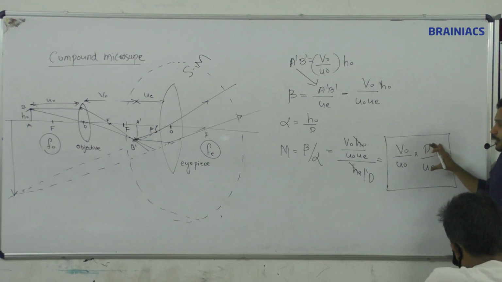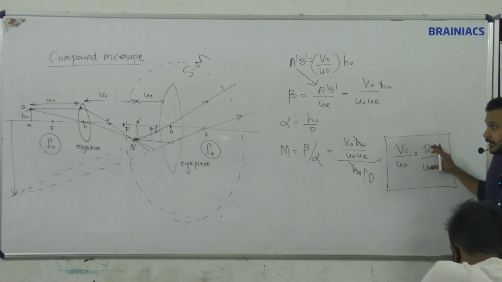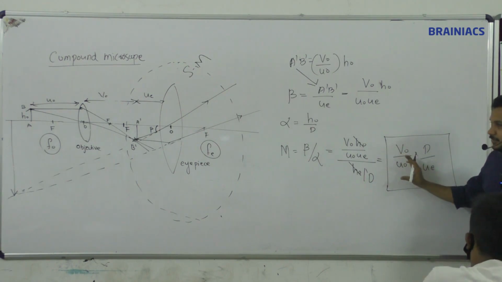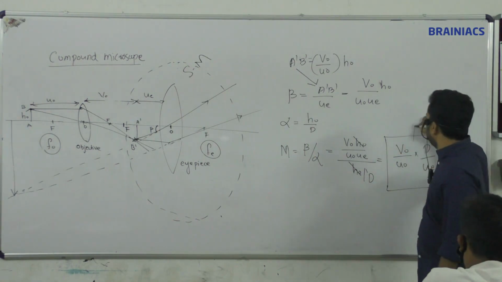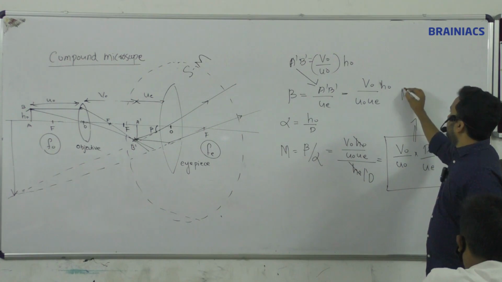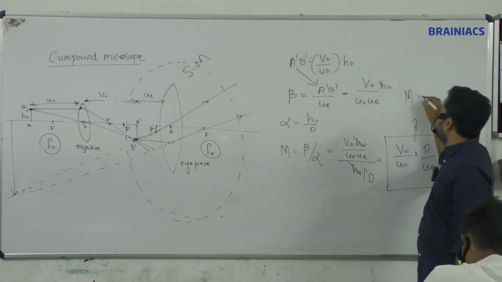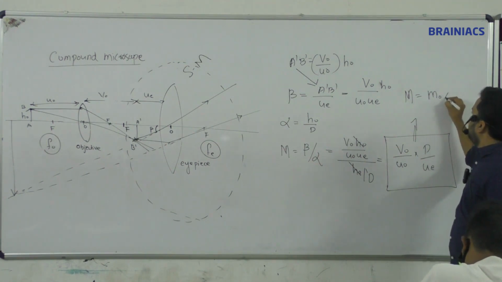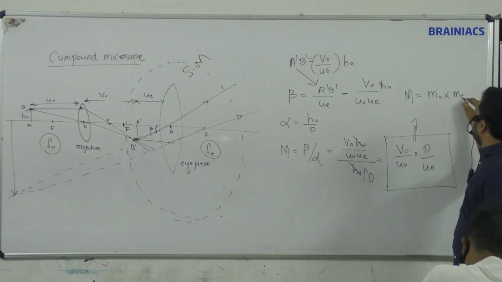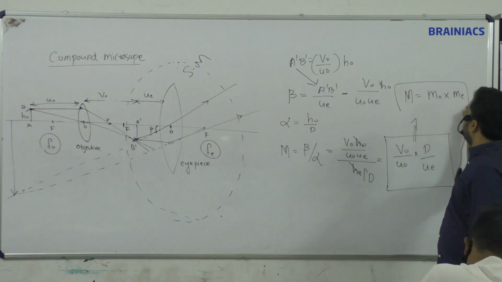So this is a simple microscope, or I can say magnification of eyepiece lens. This is simply magnification of objective lens. So this formula you can write as M equal to magnification of objective lens multiplied with magnification of eyepiece lens.